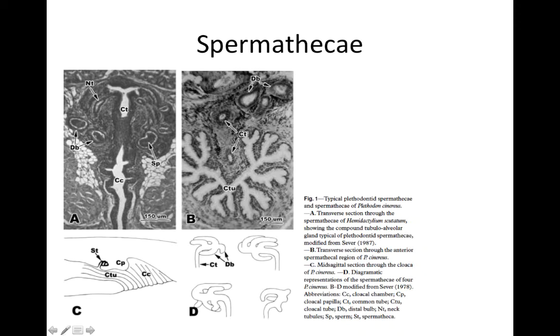This is the case in plethodontid salamanders, which is what this is, but this is very similar in lots of salamanders. Salamanders can store lots of sperm in these areas, and they can store sperm from multiple males. So one of the things about internal fertilization is it gives the female a little bit of control over whose sperm is actually used to fertilize the eggs.